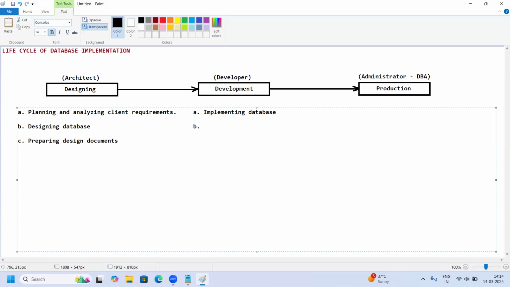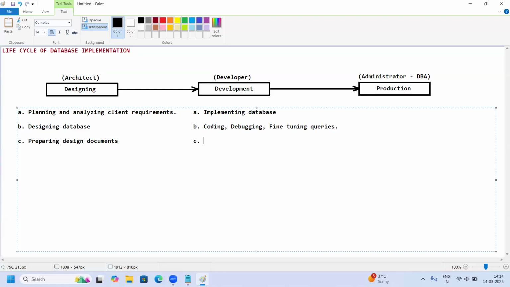Second important thing is we are involved in coding. We are involved in debugging. We are involved in writing fine-tuned queries. Most important. Coding is our job.